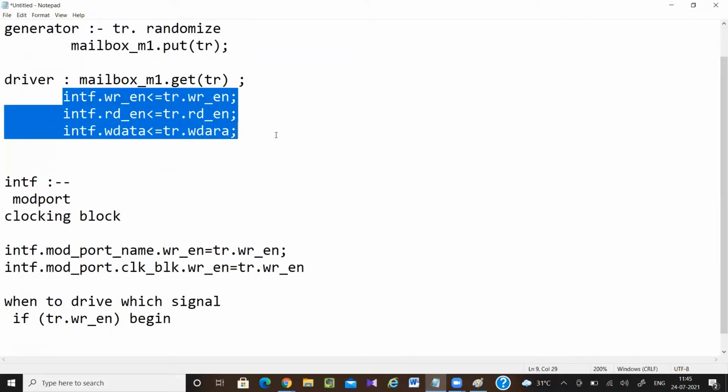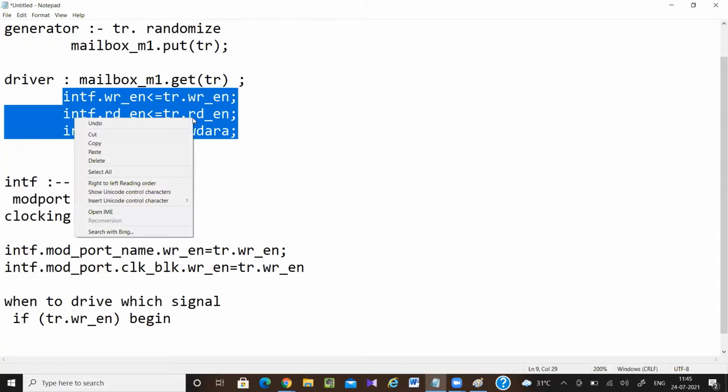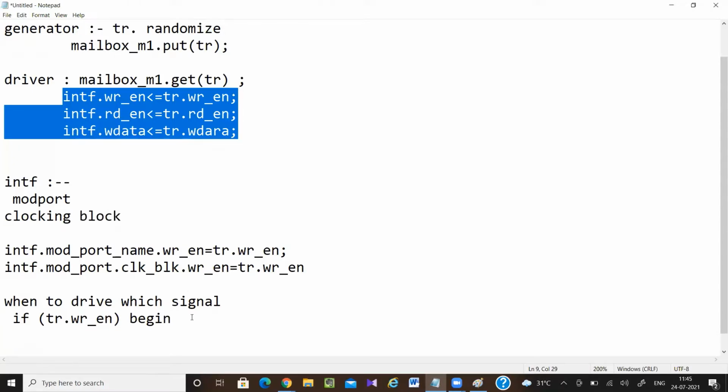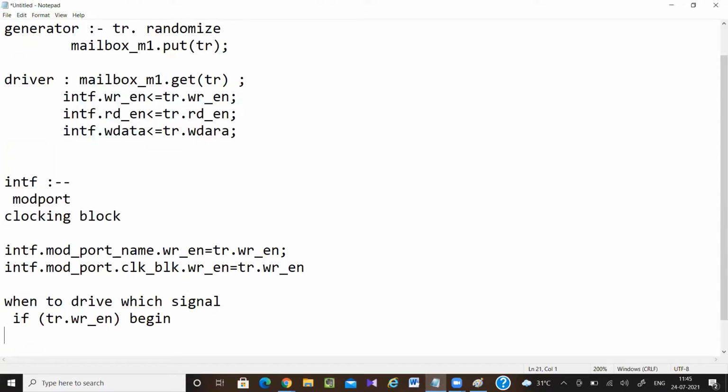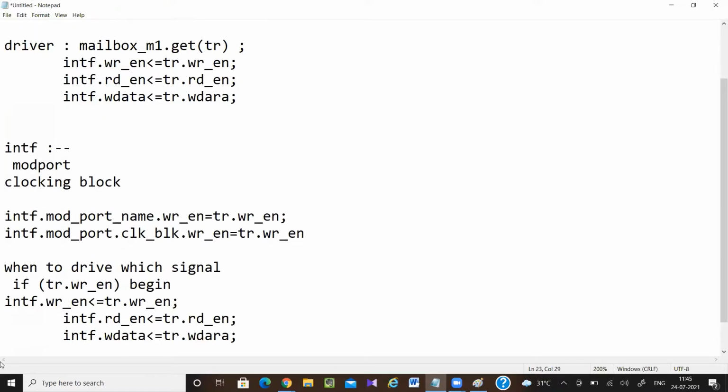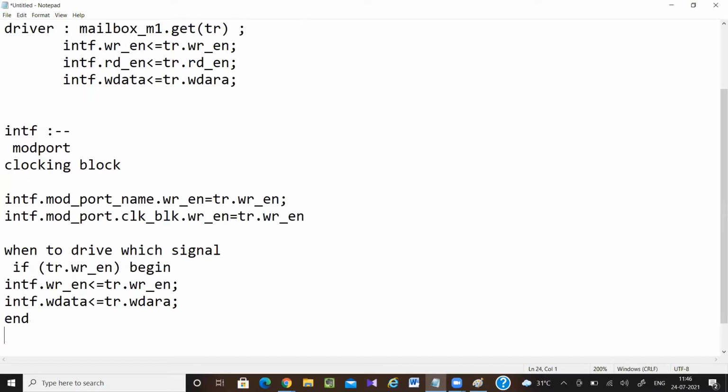Ma'am, with the clocking block also, do we have to use non-blocking? Yes. Input signals means you have to use only non-blocking. Okay, so whenever there is write enable, transfer this data only.